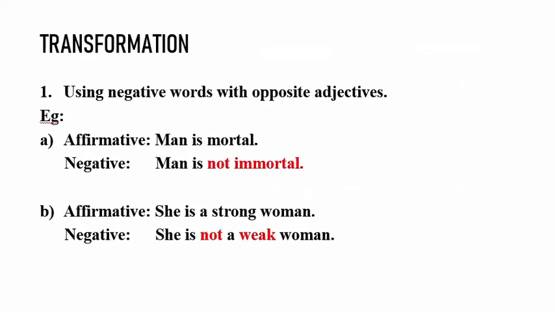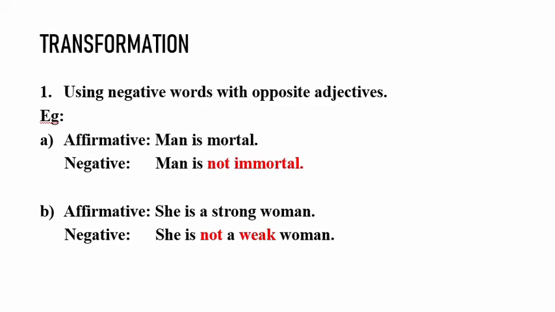Okay. So for the transformation, there are three types by which you could do this transformation. And the first one is using negative words with opposite adjectives. For example, if we take an affirmative sentence, man is mortal, its negative form comes as man is not immortal.